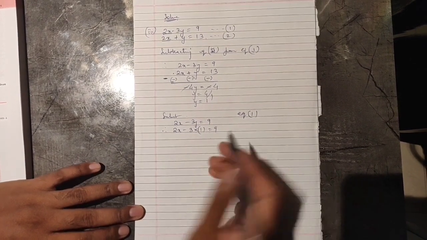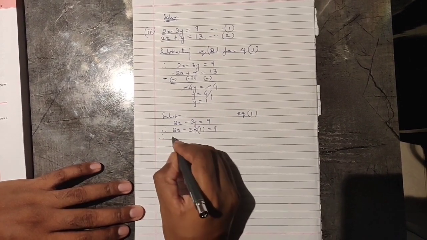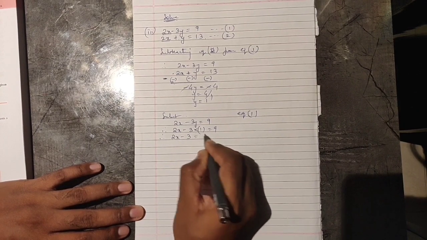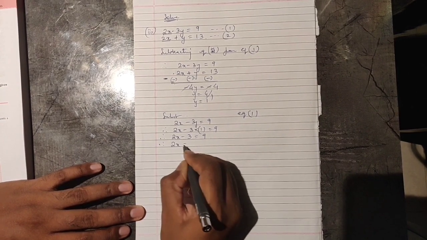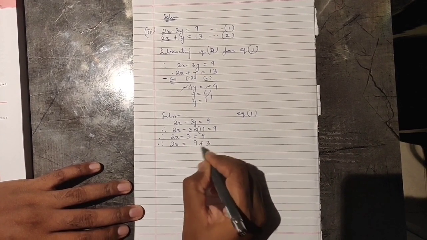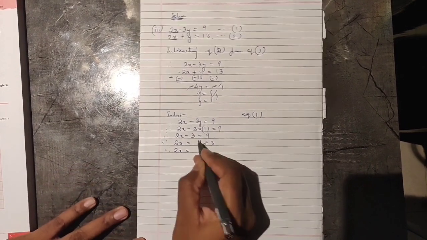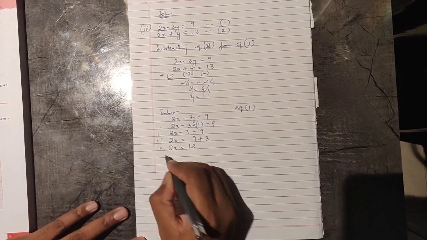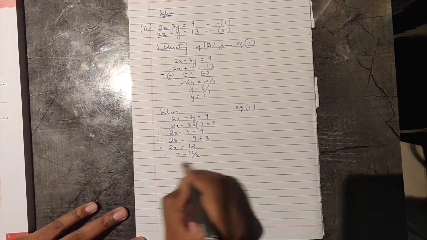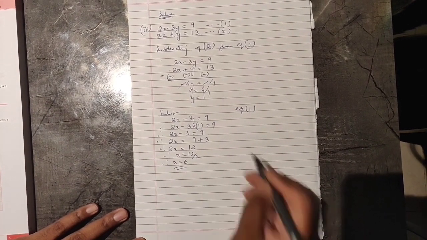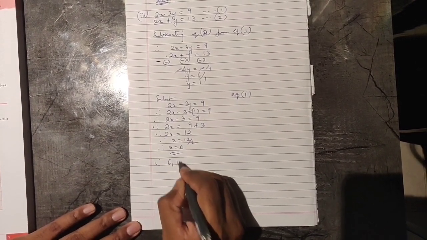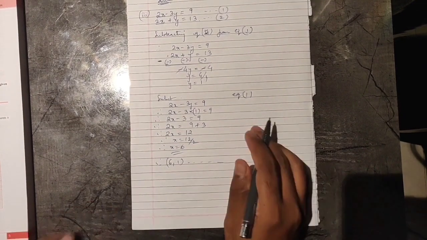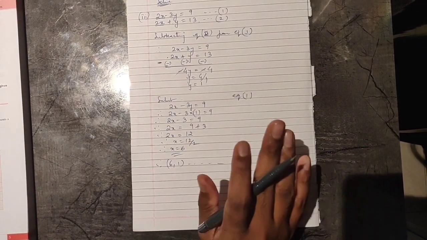It's not necessary to write in brackets. 2x minus 3 equal to 9. So therefore 2x is equal to 9, minus 3 comes here, becomes plus 3. 9 plus 3 is 12. Therefore x is 12 divided by 2. Therefore x is equal to 6. So therefore 6 comma 1 is the solution of the given simultaneous equations.